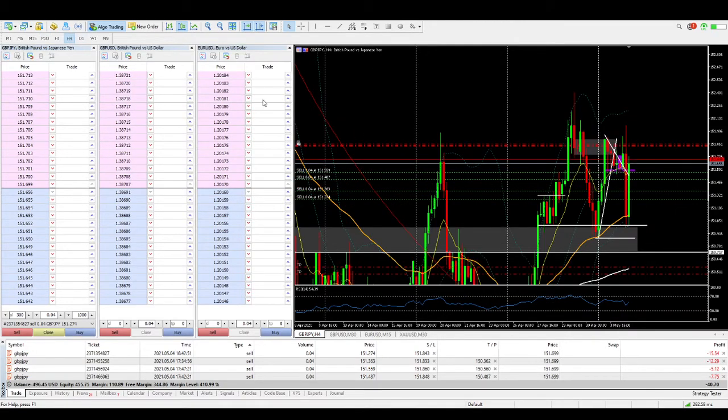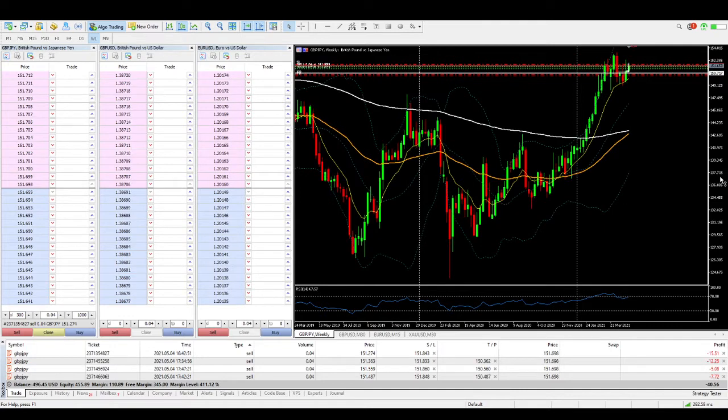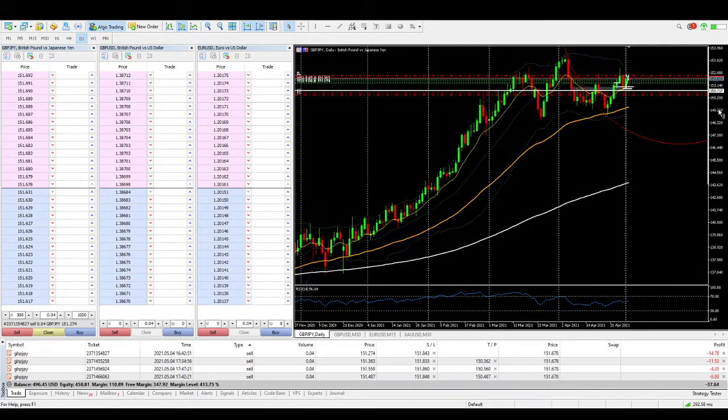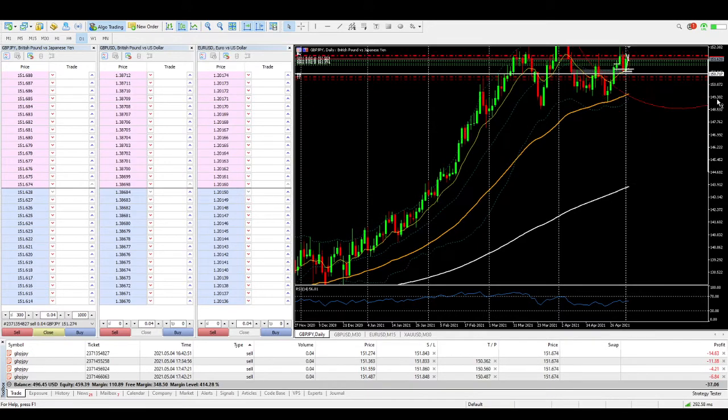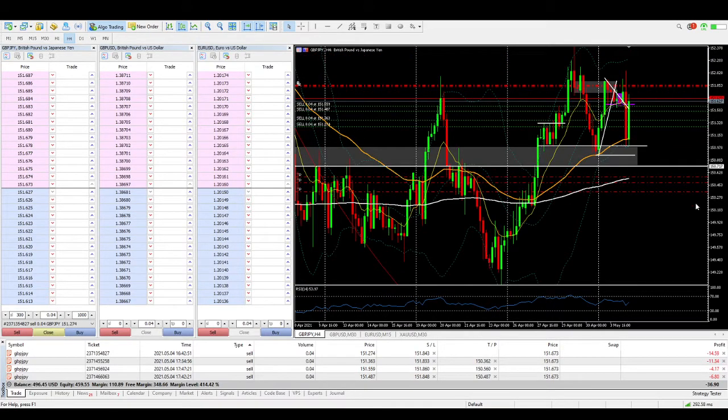Okay, if we look at the weekly chart, let me go to the daily. Maybe let's do 4 hours. Okay, you can see a few of the lines here. So it went down until here, went up a bit, tested it again, then went back up.